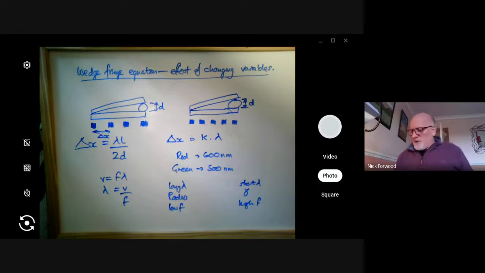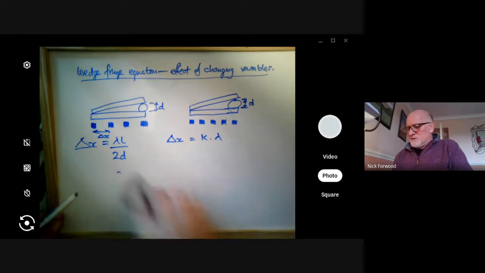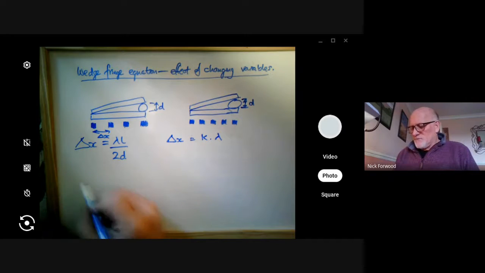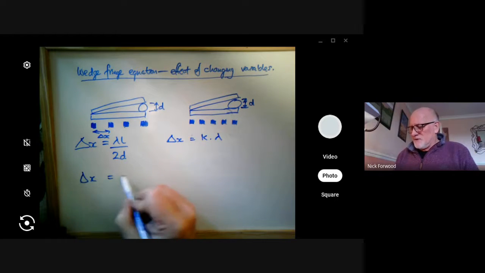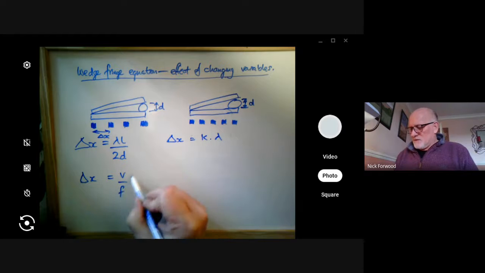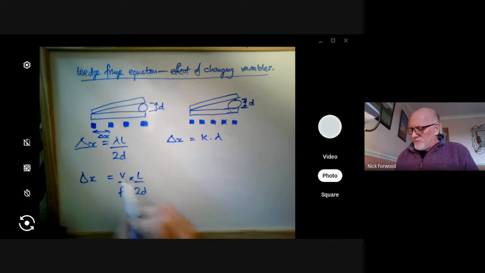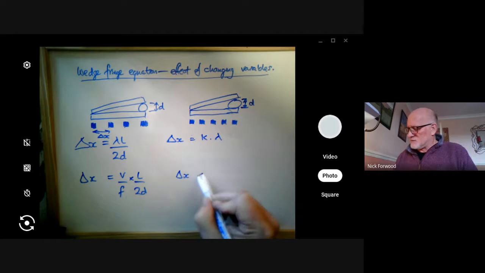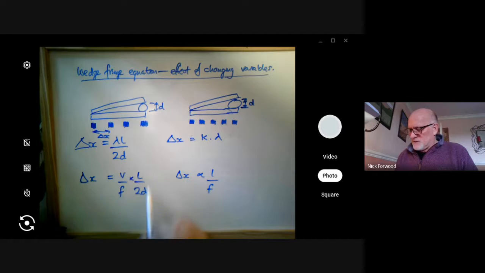So mathematically, you'd have to rewrite this, and you'd say, because lambda is V over F, you've got delta X is V over F times L over 2D. Now, all of that bit, V, L, and 2D, is a constant. So delta X varies as 1 over F, because that isn't changing.